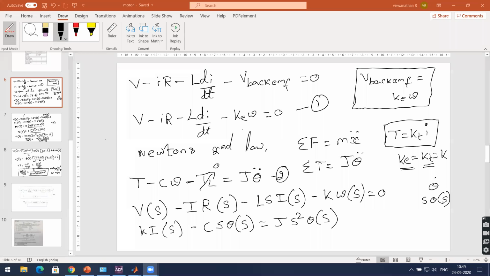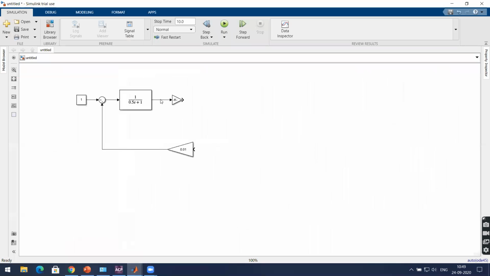You have got up till here. You have got the current, you have got the torque. So what else? What is the next thing that you want? You want to get omega. So how do you get omega?